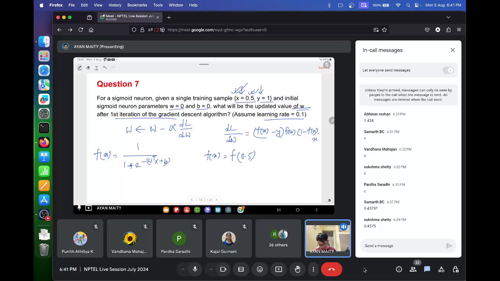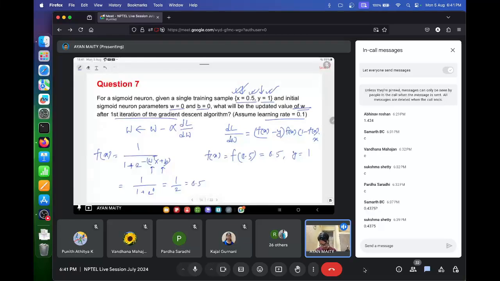Initially w and b are both 0, so whatever x is, it would be 1 divided by 1 plus e to the power 0, which is half, 0.5. So f(x) is 0.5 and y is given as 1.